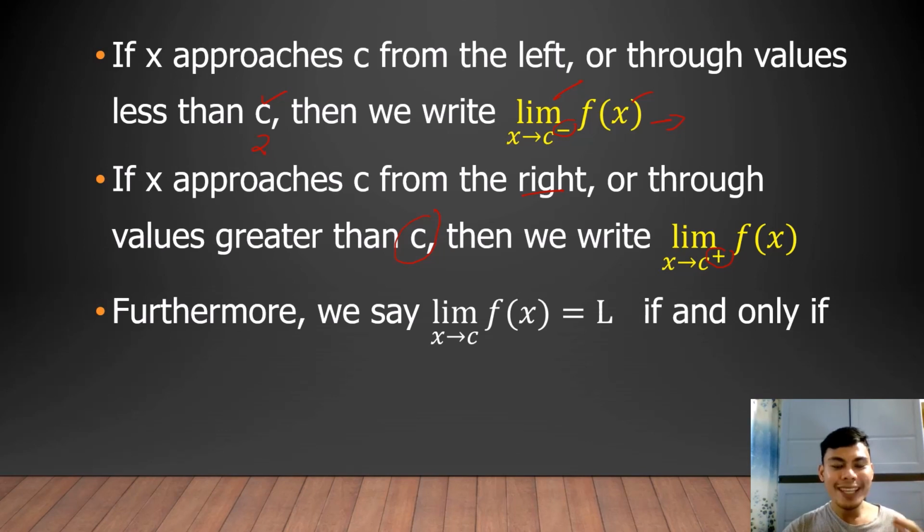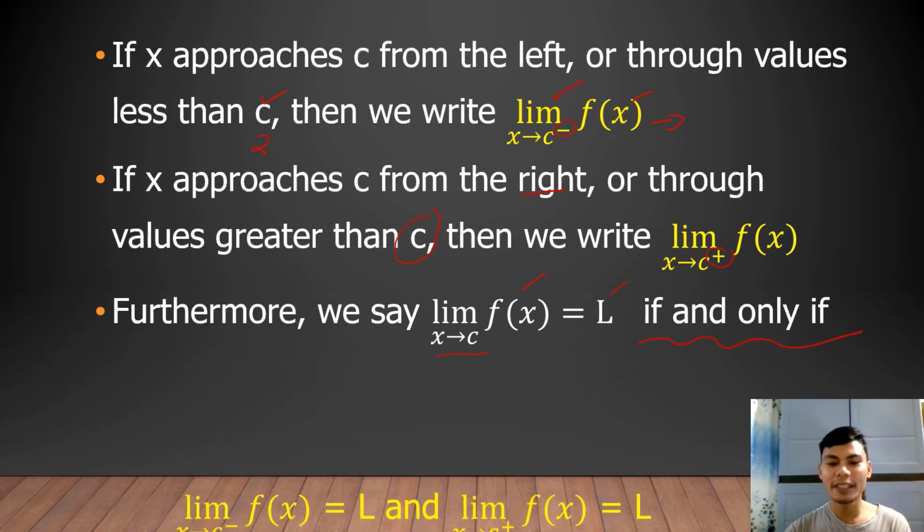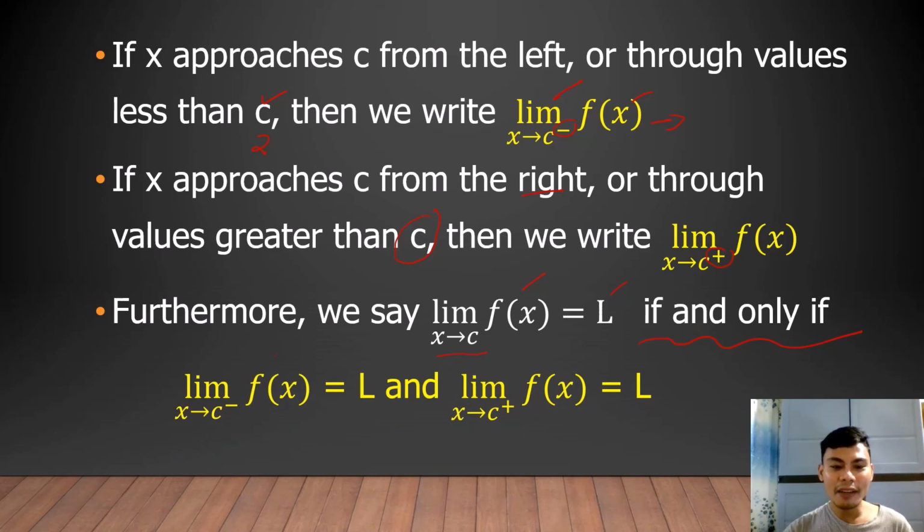Furthermore, we say that the limit of f of x as x approaches to c or any constant, kanina 2 tayo, is L. This is the limit, this is the value, if and only if, highlight this, if and only if ang limit of the function from the left is L and the limit of function from the right is L. Meaning, may limit daw kung ang limit from the left is the same sa limit from the right.